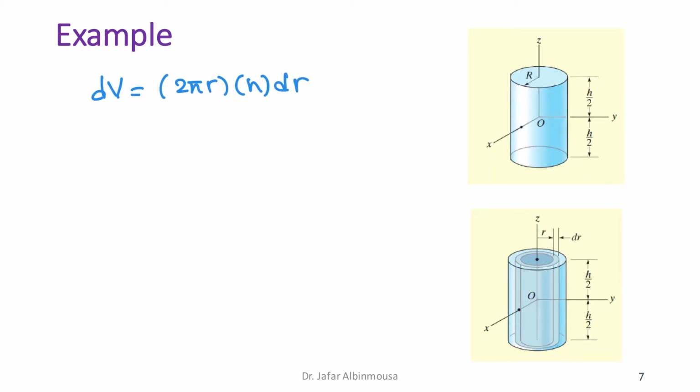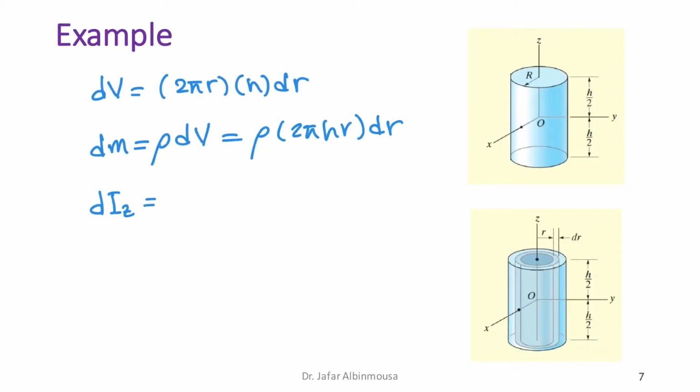Now we know that the mass element dm is equal to rho dv. So if we substitute, we will get rho 2 pi h r dr. Now we can express the moment of inertia for that element. So because it's for the element, we get dIz, which is equal to r squared dm. This is the definition of the moment of inertia.